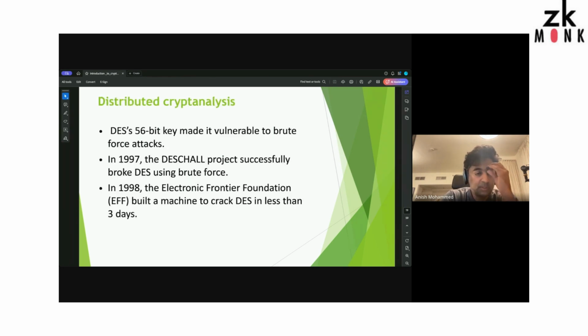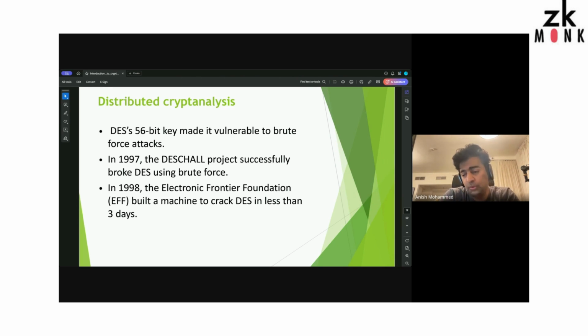So now the thing was, given it's just a 56-bit key space, can you actually brute force it? First, there was a massive distributed project trying to cryptanalyze it, and then the EFF, the Electronic Frontier Foundation.